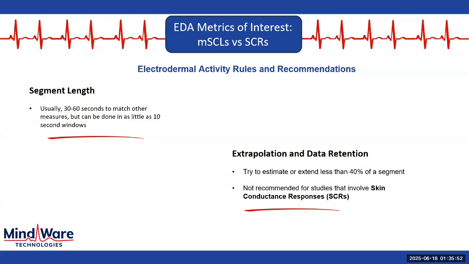If our point was event related, and I want to see just the SCR afterwards, normally that's about a 10-second window. Again, there are some error bars on this because there's some variance from different genetic makeups of people, the different studies you're doing, and how much sweat one might produce just naturally. But about a 10-second window is usually the minimum to do such a thing.